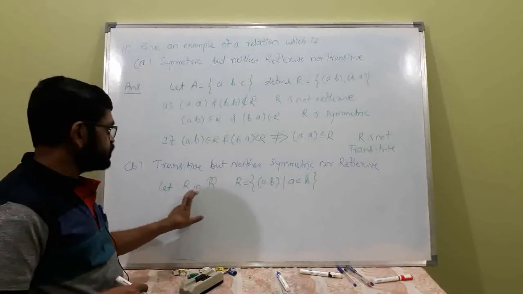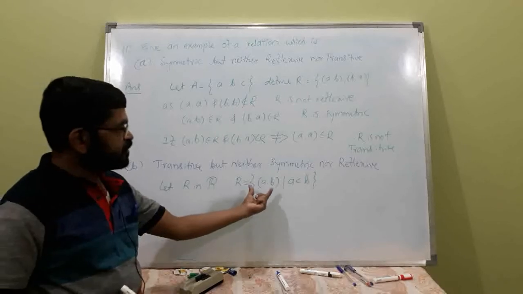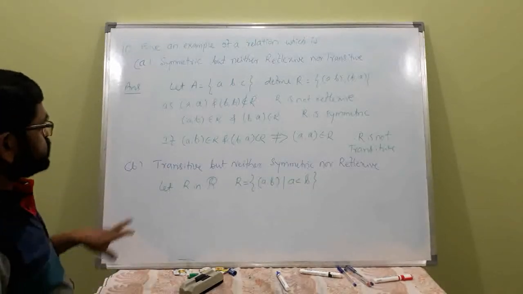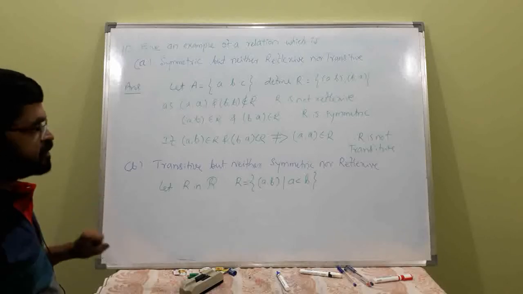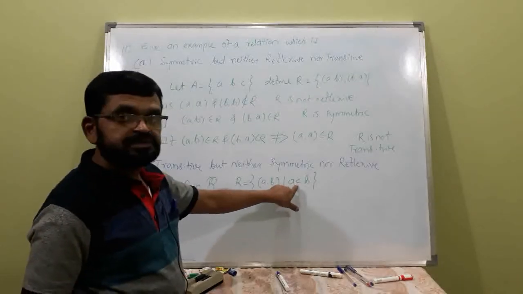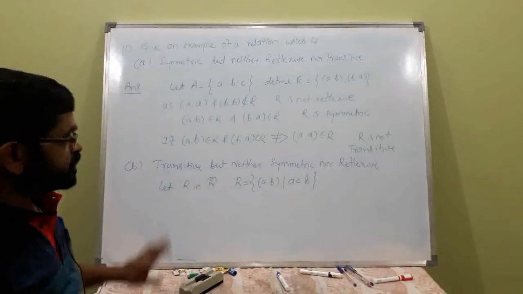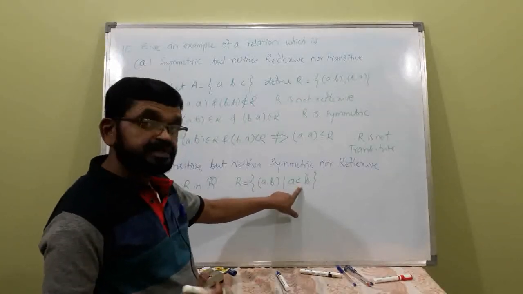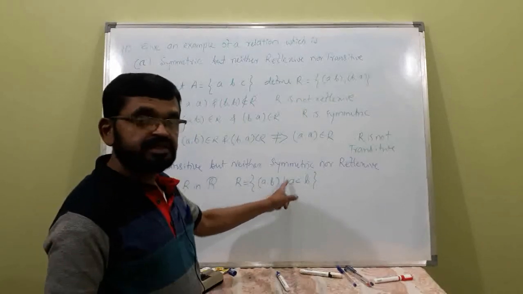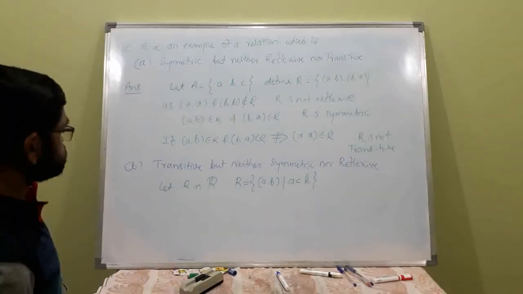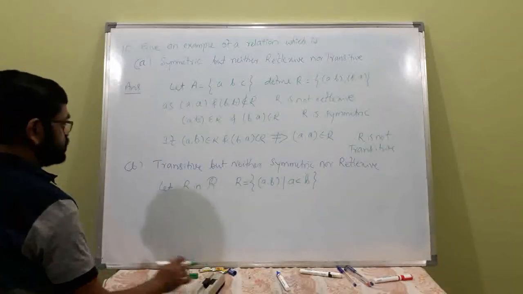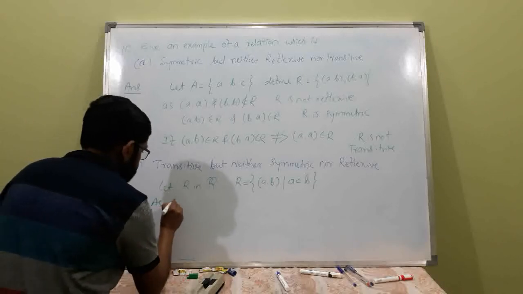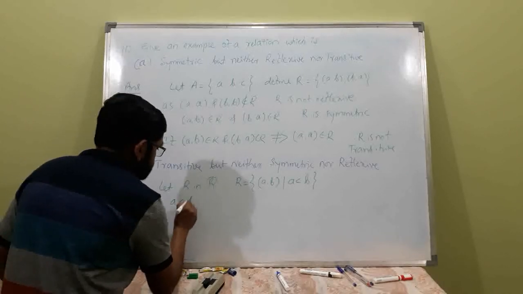R is defined on the real line, the set of all ordered pairs with a less than b. It should be only transitive. So, I took this inequality because if (a, b) belongs to R, a is less than b, and b is less than c, then obviously a is less than c. Okay, as for the answer, a cannot be less than a.